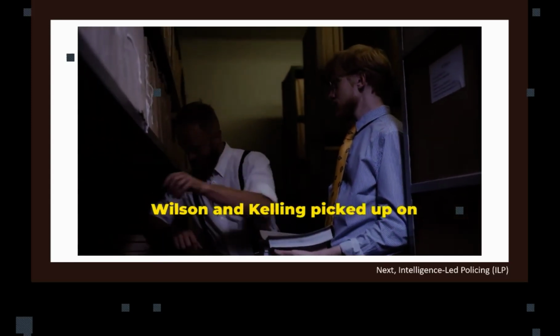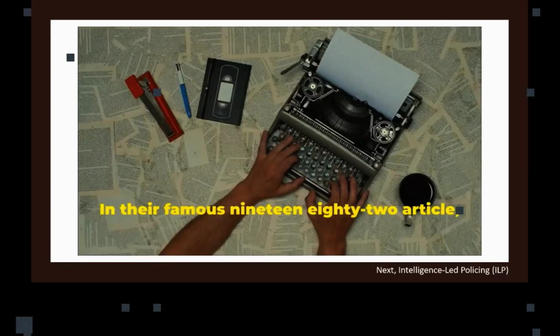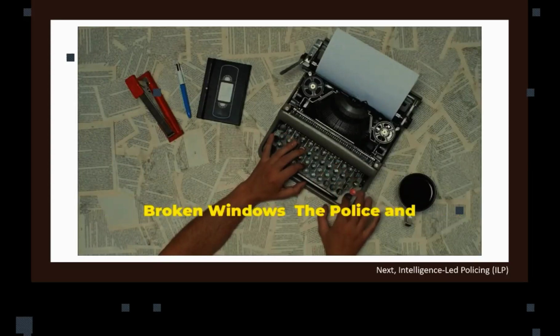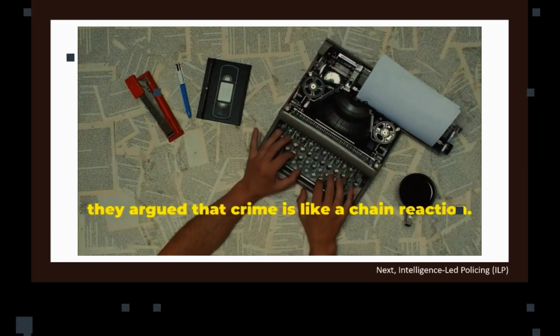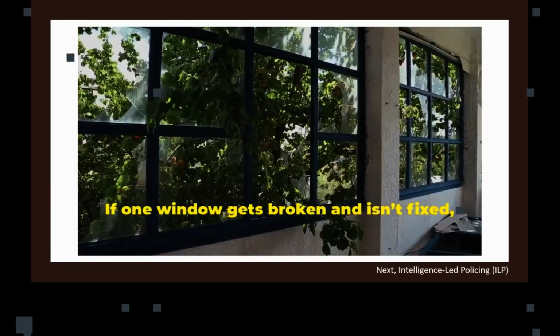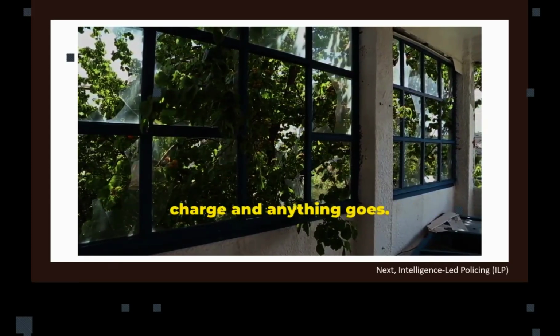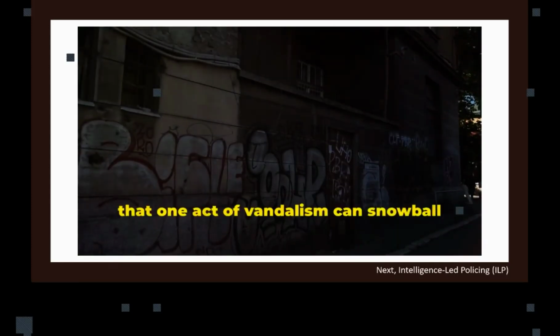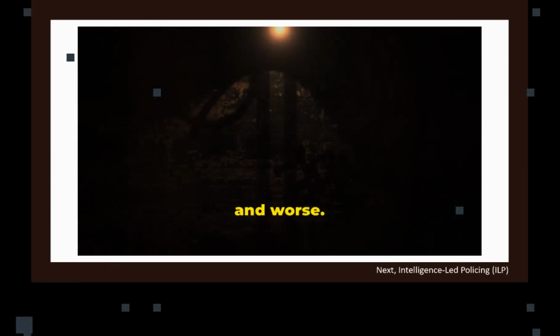Wilson and Kelling picked up on Zimbardo's findings and took them further. In their famous 1982 article, "Broken Windows, the Police and Neighborhood Safety," they argued that crime is like a chain reaction. If one window gets broken and isn't fixed, the message sent out is that nobody's in charge and anything goes, so that one act of vandalism can snowball into bigger problems like drug dealing, assaults, and worse.